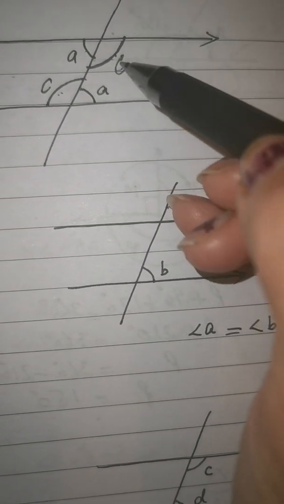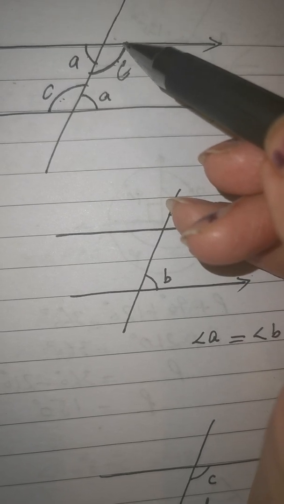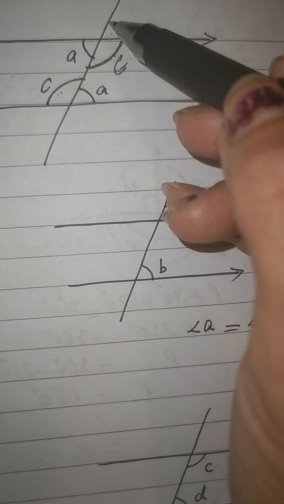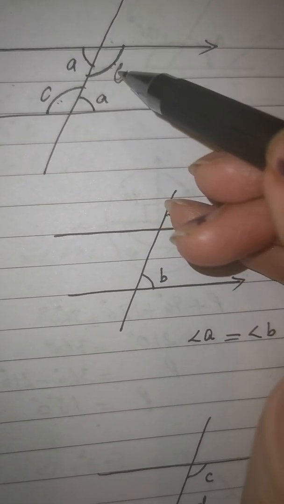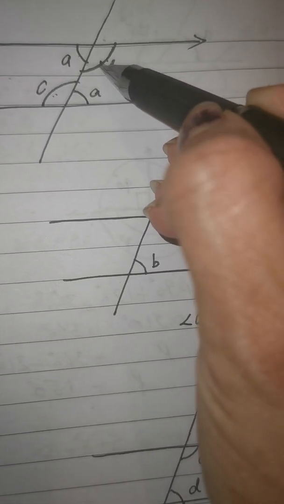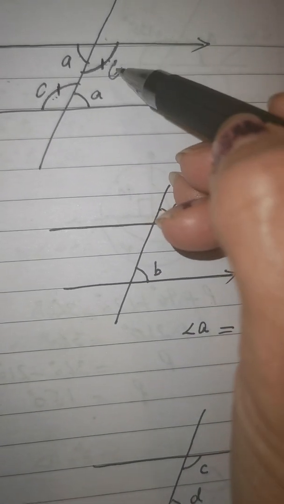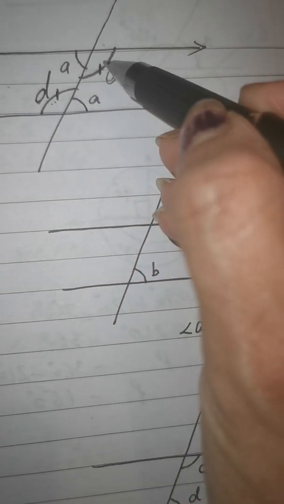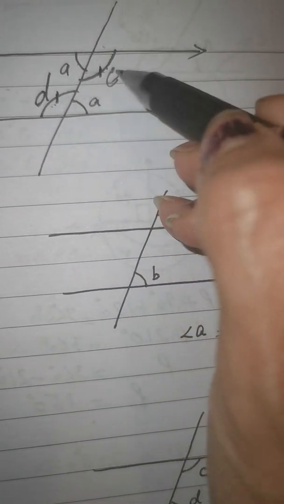Then another pair of alternate angles, you can see, we can make. I will show these by a line, or you can name them C and D. If I name them C and D, then you draw a single line to show that these two angles are equal.